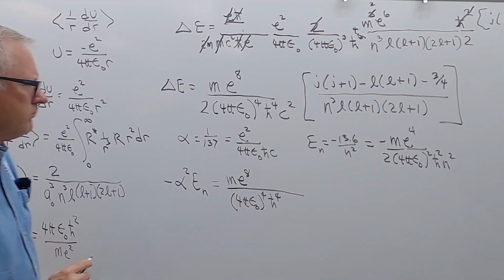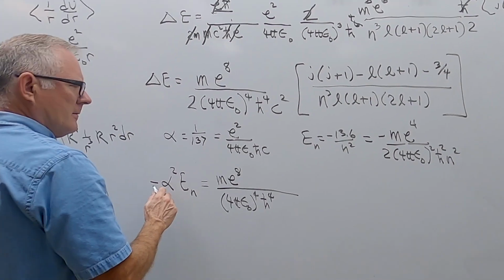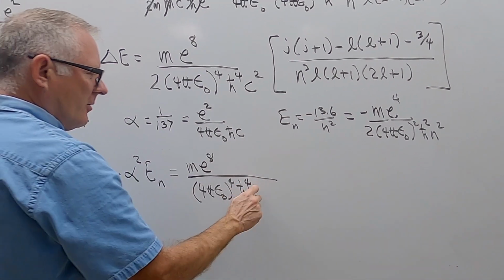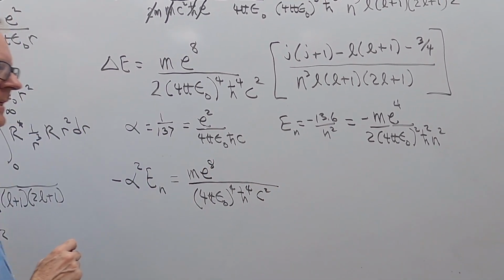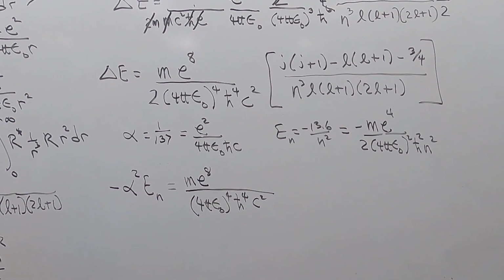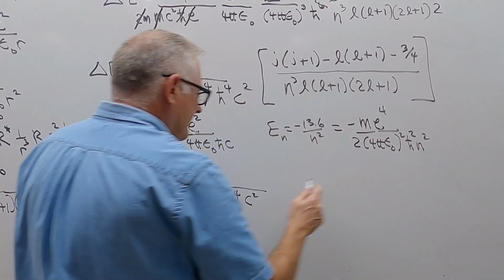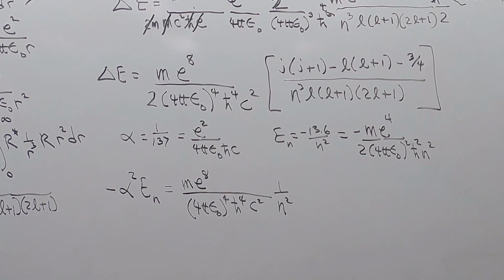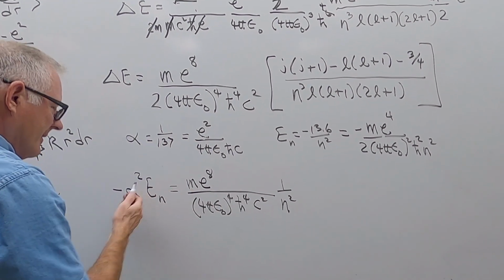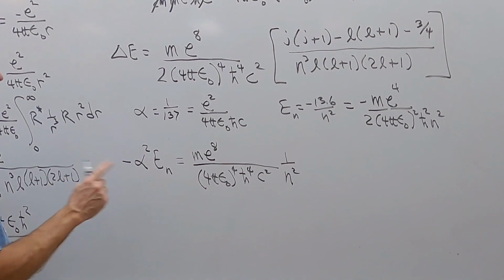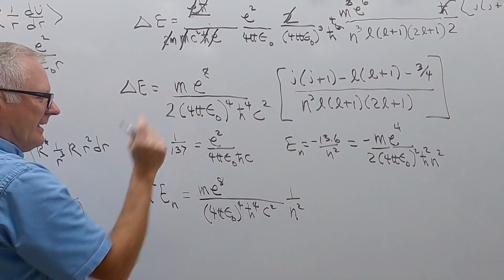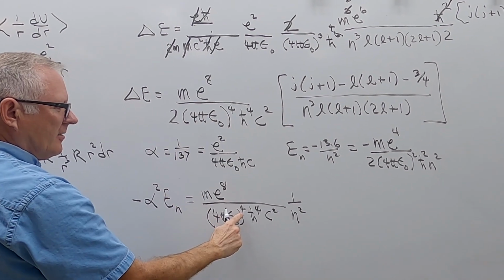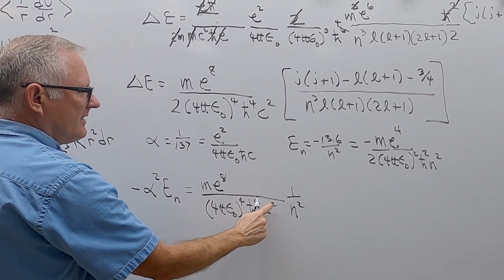And then, what else do we got here? I think c. We got c squared, but there's no n over there, so it's c squared. And then the only thing else is the n. We have 1 over n squared. Okay, so that's what this gives me right here. You'll notice I have up here an m e to the eighth, a 4 pi epsilon naught to the fourth, h bar to the fourth, c squared.